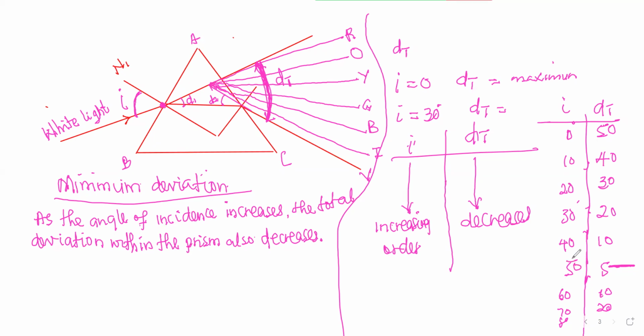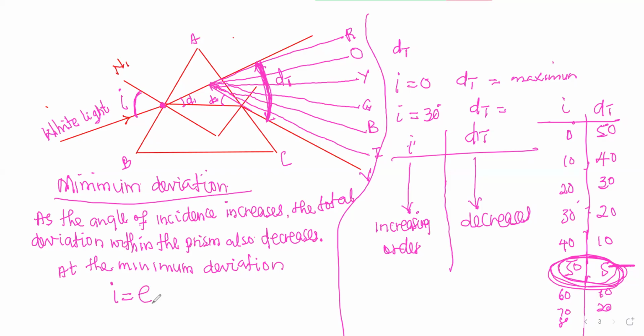At that angle of incidence, which gives us the least or minimum value of total deviation, something important happens. So at the minimum deviation, through theory and practicals, it is seen that the angle of incidence becomes equal to the angle of emergence.